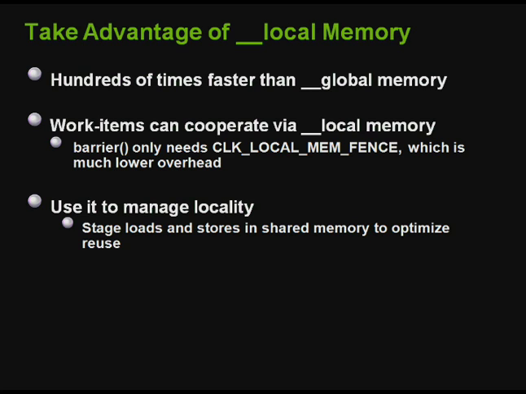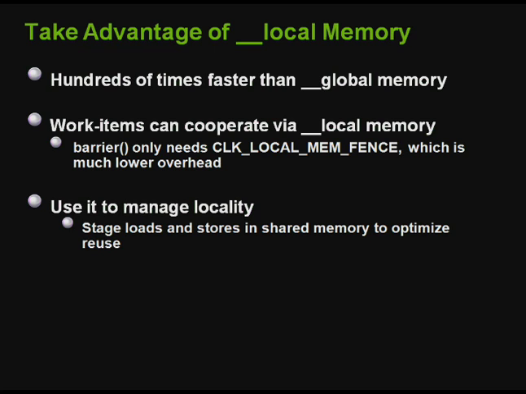In NVIDIA's architecture, local memory is a huge factor in performance. It's hundreds of times faster than global memory in terms of bandwidth, and it's much lower latency as well. And critically, work items can cooperate via local memory. This is where the fine-grained synchronization of OpenCL comes into play. You have this barrier built into the language, and when you use only the CLK_LOCAL_MEM_FENCE, you get really tight, low latency synchronization for coordinating work items in a work group that are sharing memory in the local memory.